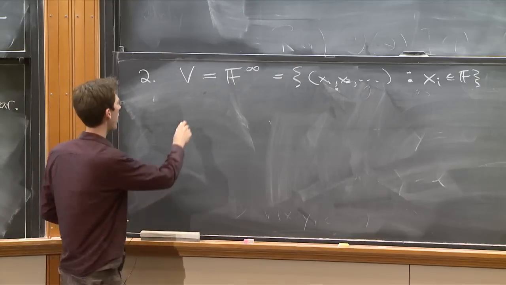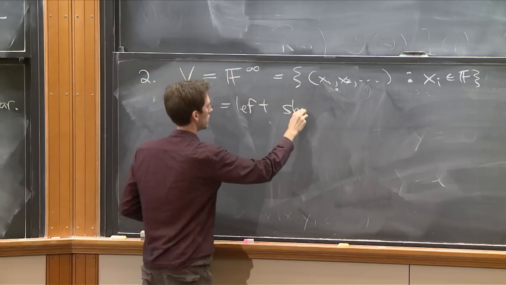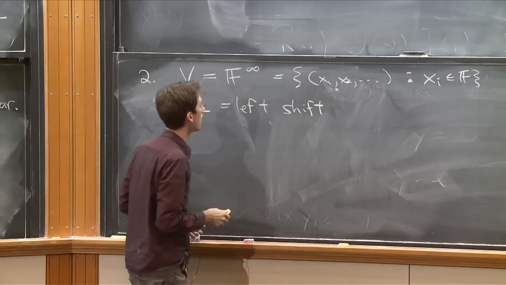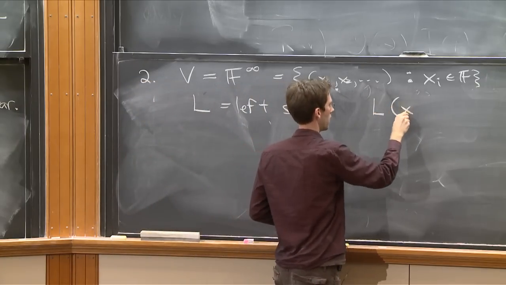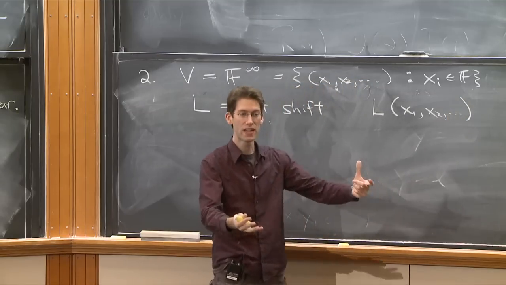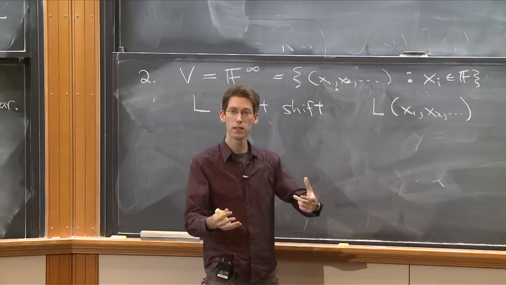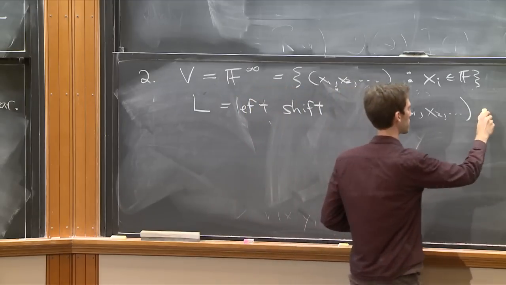One operator we can define is the left shift operator, which is simply defined by shifting this entire infinite sequence left by one place and throwing away the first position.